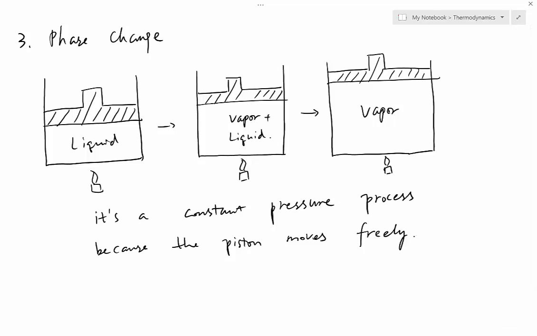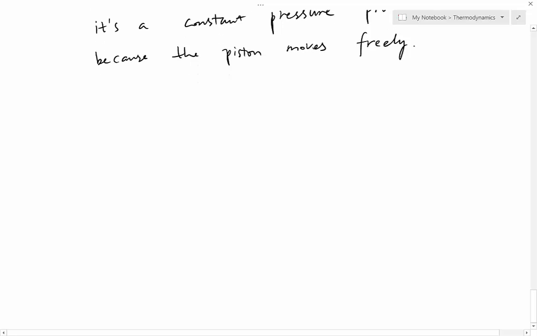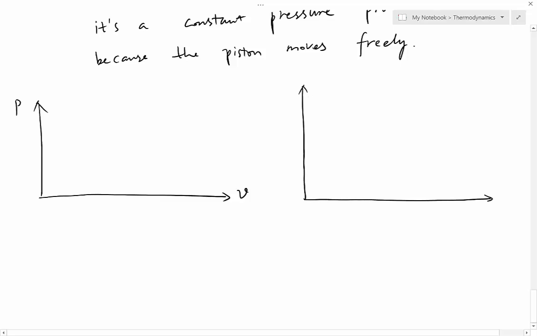Okay? All right, so now what we're going to do is sketch this phase change process on two diagrams. First one is P versus nu. Second one is T versus nu diagram.